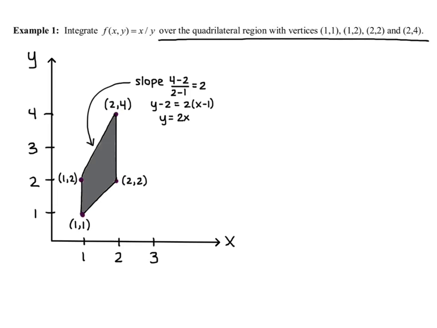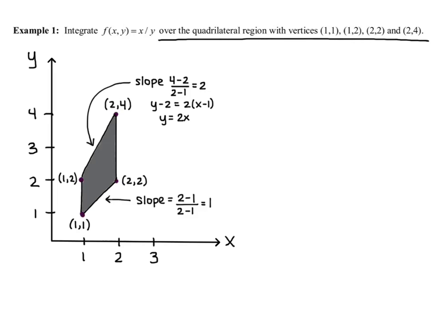To get a lower bound for y, we use the same process with the points (1, 1) and (2, 2). The slope is the quantity 2 minus 1 over the quantity 2 minus 1, giving a slope of 1.